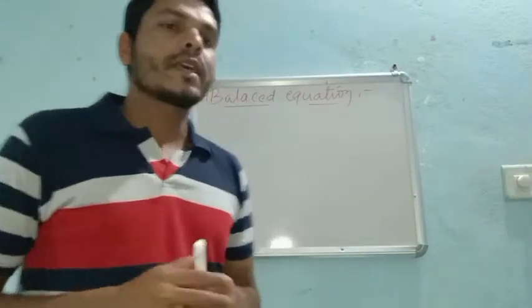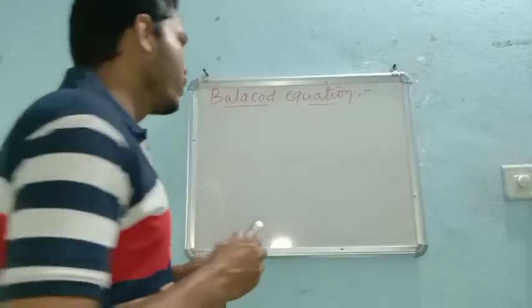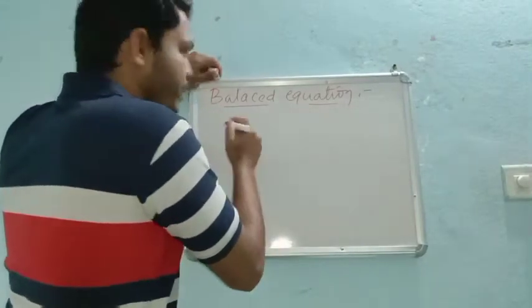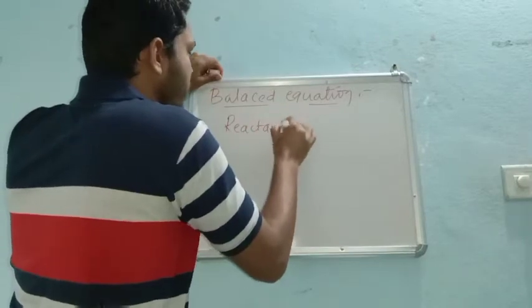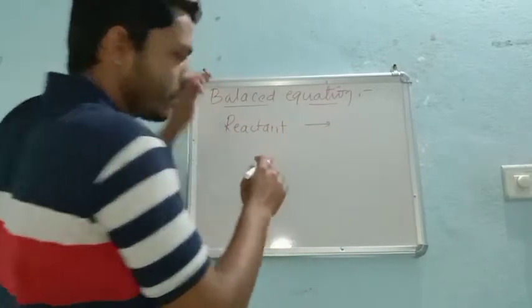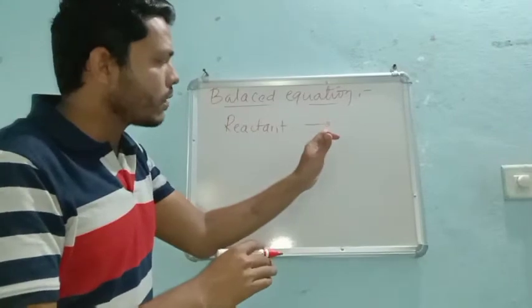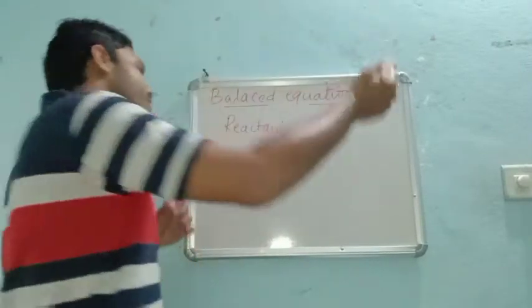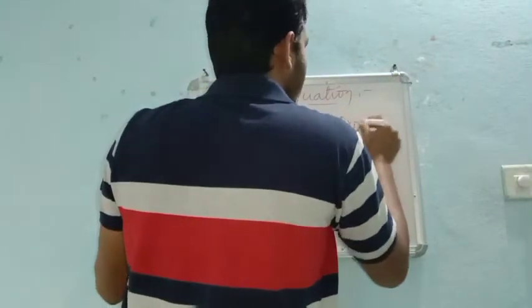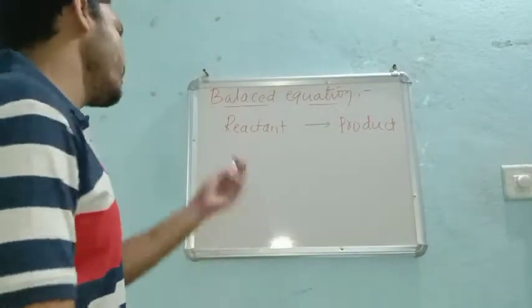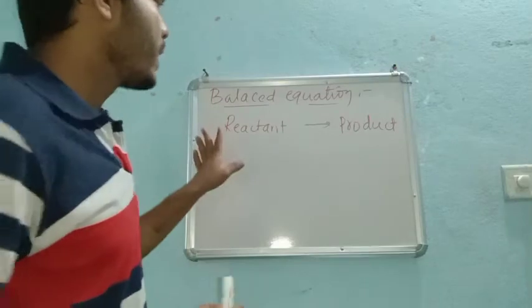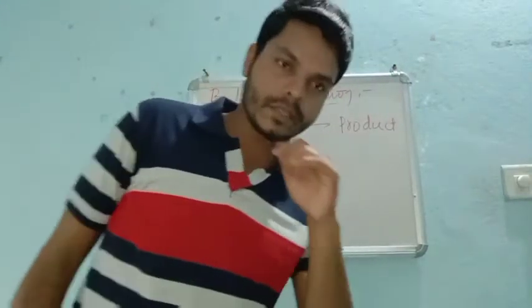In the last class itself, I explained that there are two parts of a reaction, that is the reactant and the product. Before the reaction bar part, after the reaction bar part, there are two parts, or simply you can call them the left hand part and the right hand part of the reaction.